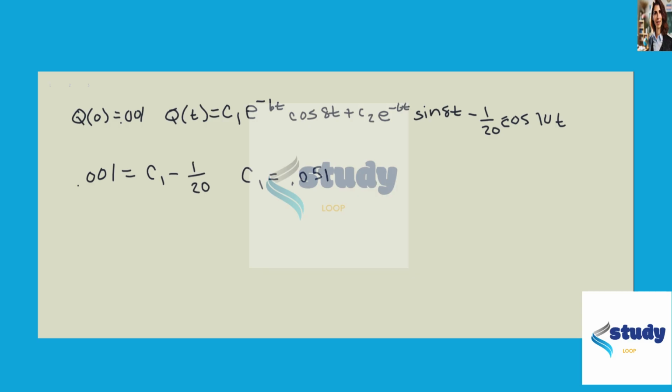So I get c1 equals, add 1/20 to the other side, so I get 0.051 as c1.